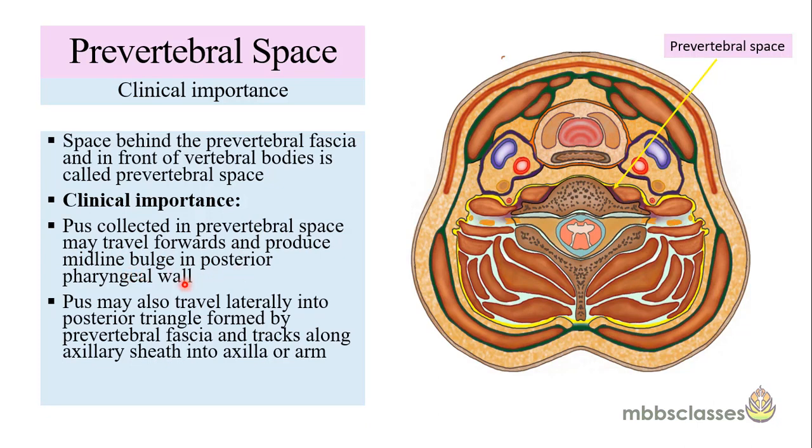Today we are not talking in detail about the clinical presentation of the different neck spaces. The pus in the prevertebral space can travel laterally into the posterior triangle, formed by the prevertebral fascia, and from here it can track along the axillary sheath into the axilla or the arms also.